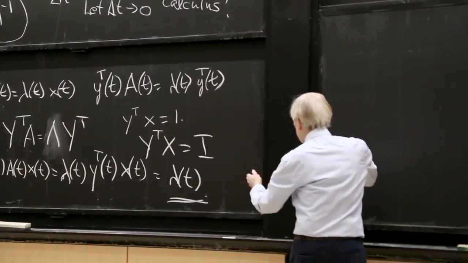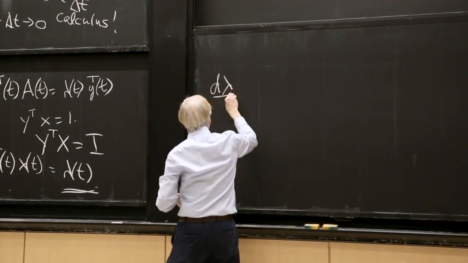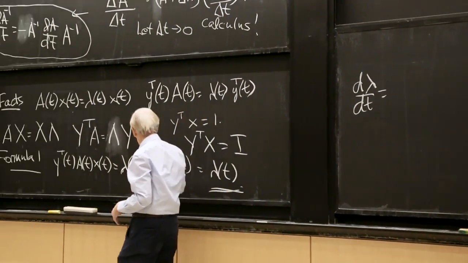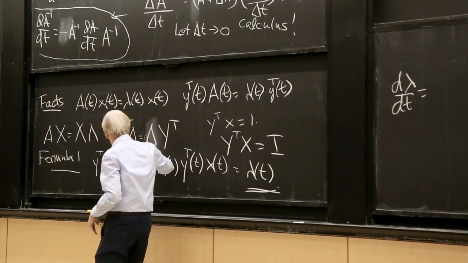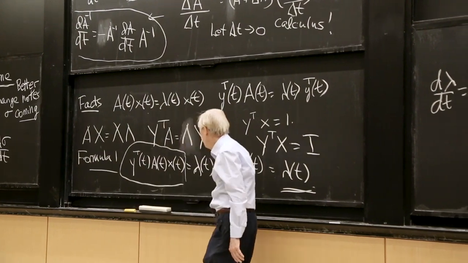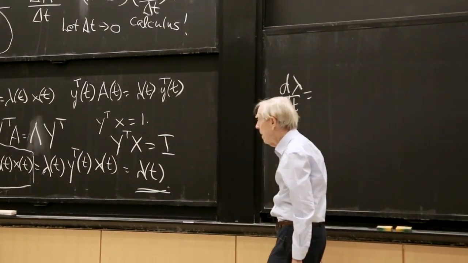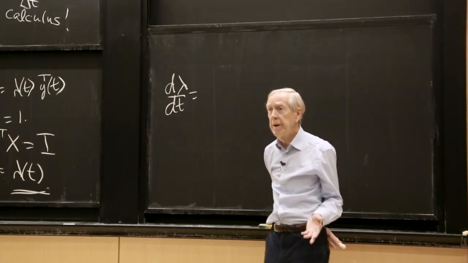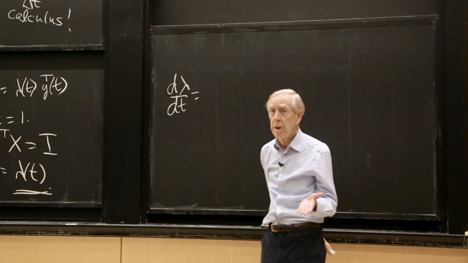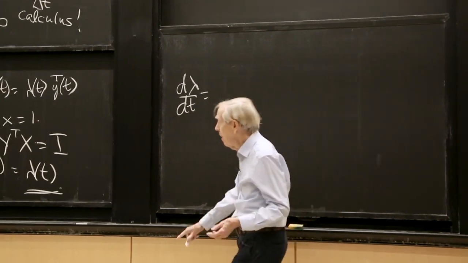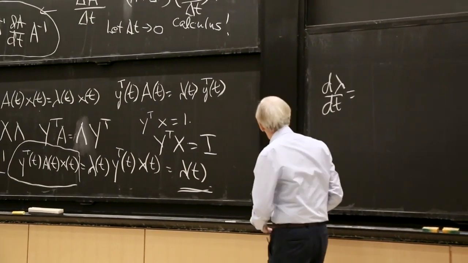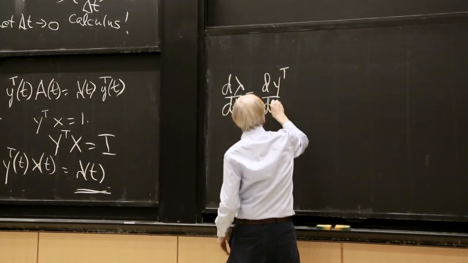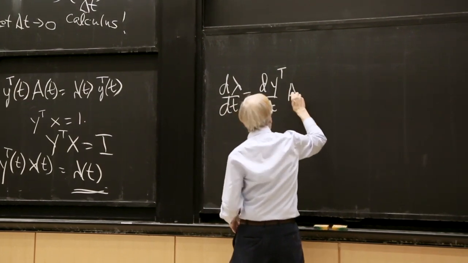So here we go. I want to compute d lambda dt, and I'm using this formula for lambda there. I've got three things that depend on t, and I'm taking the derivative of their product. So I'm going to use the product rule. Take the derivative of the first guy times A times x.